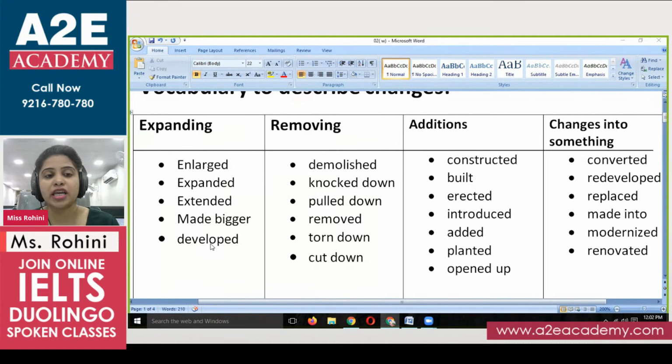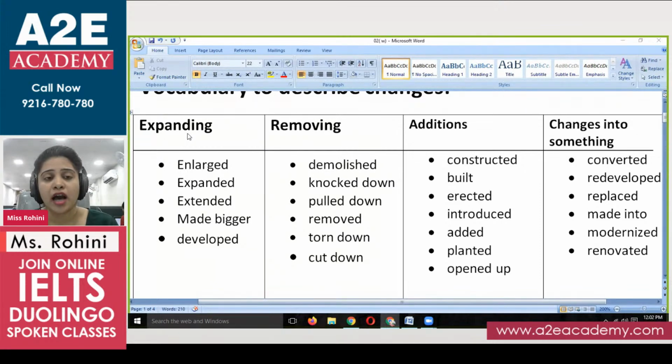Like suppose you can take an example of a residential area. Earlier, let's take an example, in year 1990, there were only two residents in a town. That means the level of development is low.